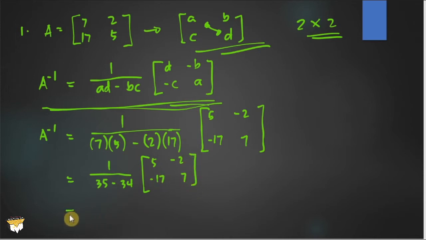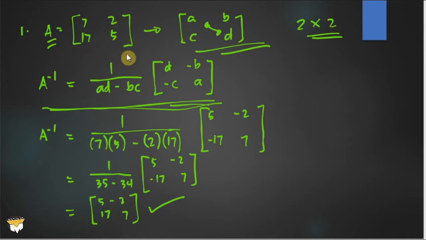So, we have 1 over 1, or just 1. So, what we have will be 5, negative 2, negative 17, and 7. Ito na. This is already the inverse of matrix A, which is 7, 2, 17, 5.